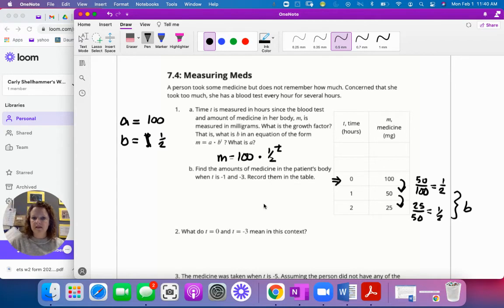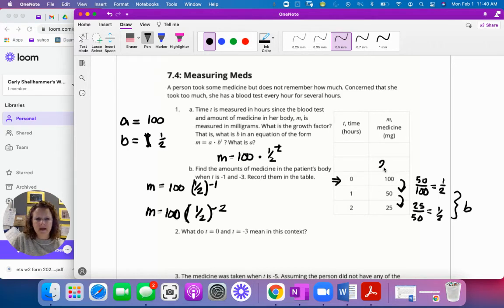Find the amount of medicine in the patient's body when t is -1 and -3. So M equals 100 times 1/2 to the -1. M equals 100 times 1/2 to the -2.